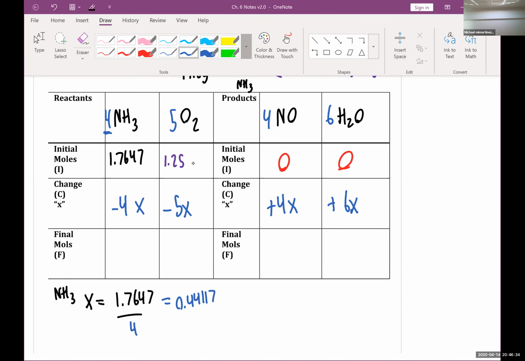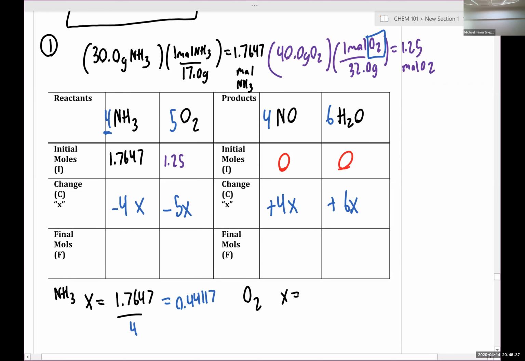Let's do the exact same process for oxygen. Would someone like to tell me what is the reaction progress? What is the value of x for oxygen if we take 1.25 and divide it by 5? Yep, 0.25. That's exactly right. Okay, perfect.